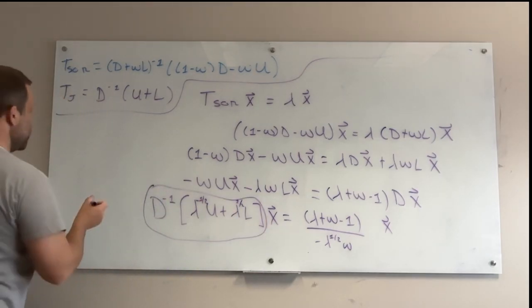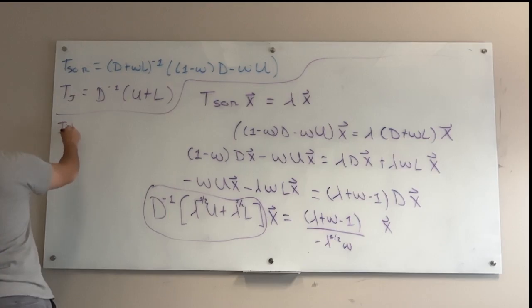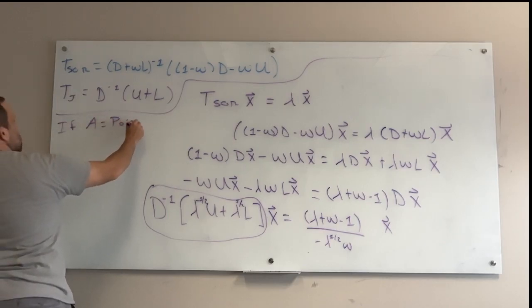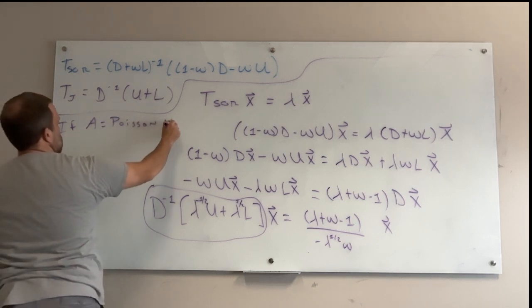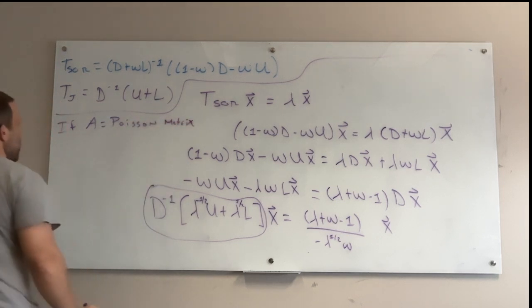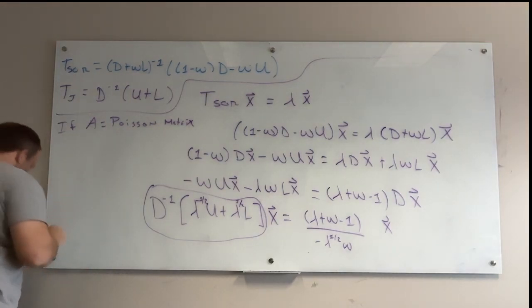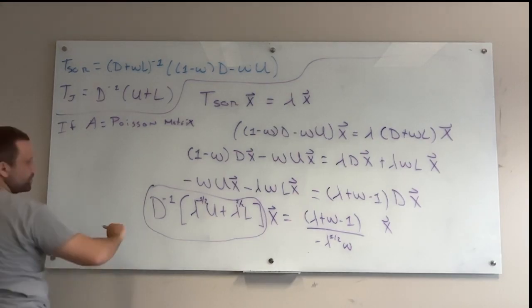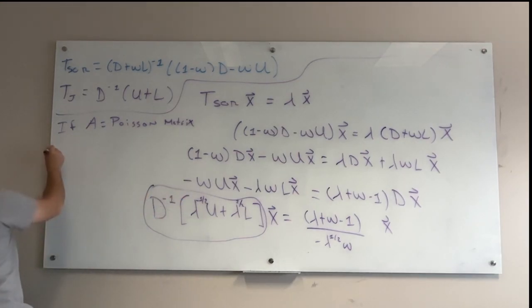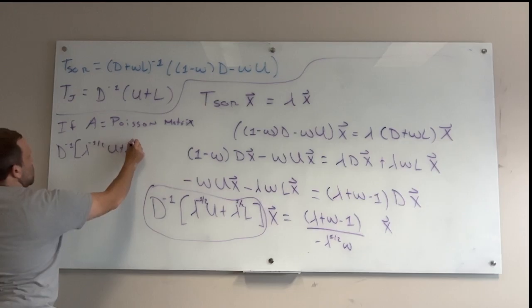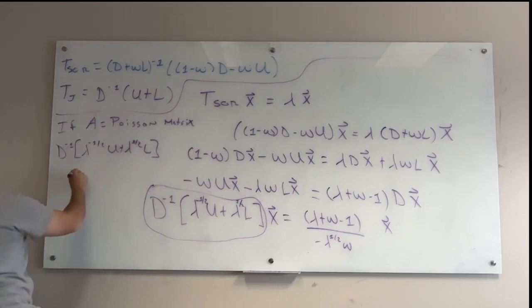if we look at the Poisson matrix, if A is equal to the Poisson matrix, then this d inverse lambda to the minus 1/2 u plus lambda to the 1/2 L is similar to this.